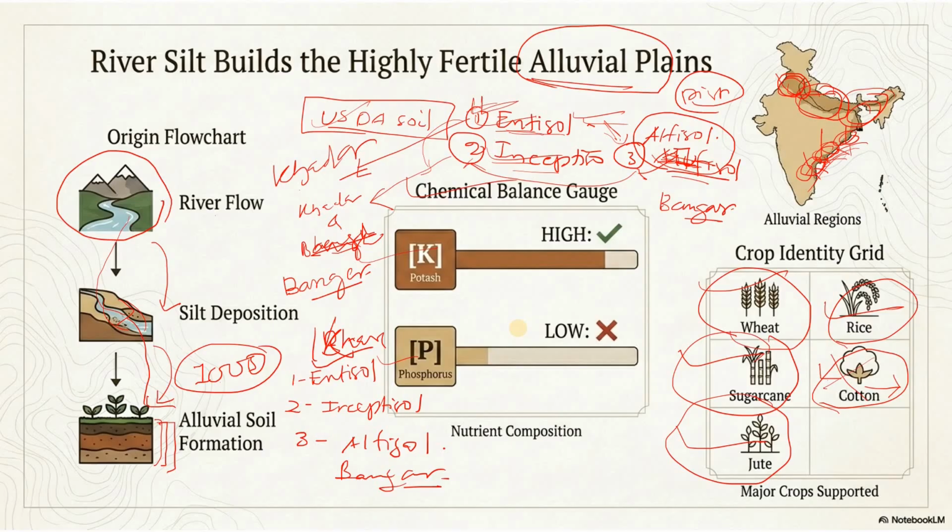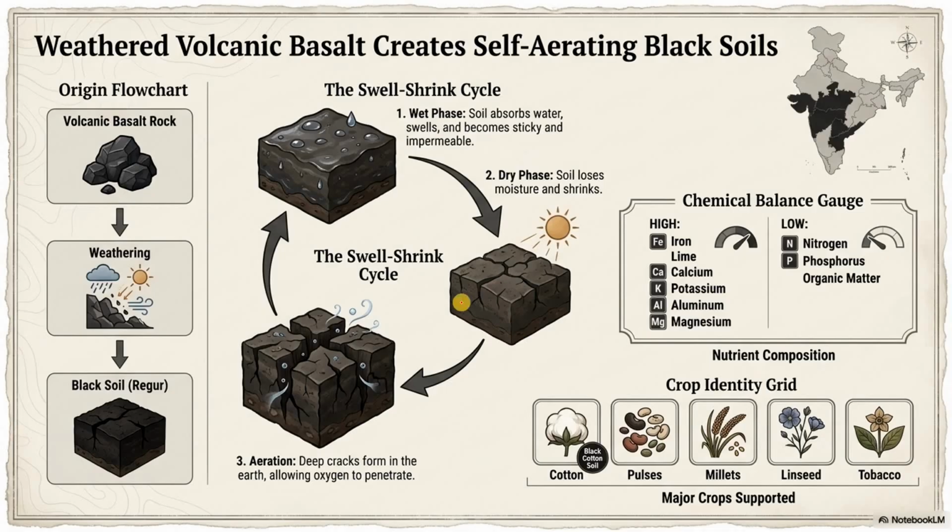Now let's see the next type of soil, that is, weathered volcanic basalt creates self-aerating black soils. What are we studying now? We are studying the black soil. How is it formed? When the volcanic basalt rock gets weathered, after the weathering process, this soil becomes the black soil, Regur soil or cotton soil.